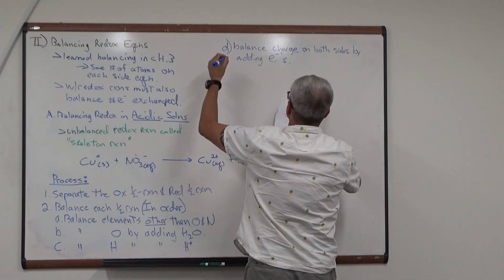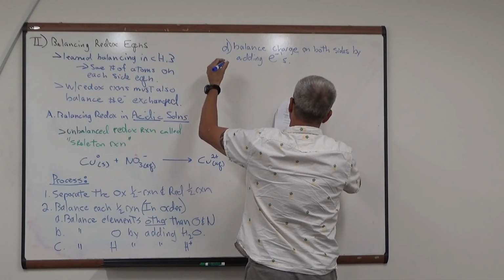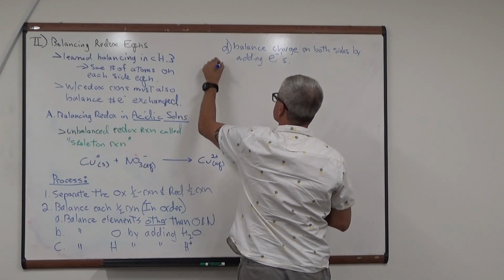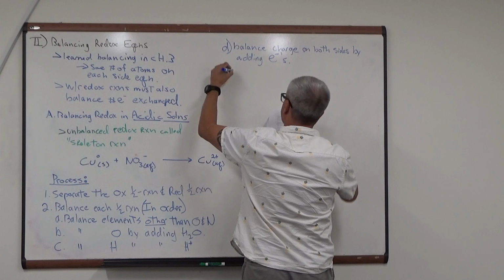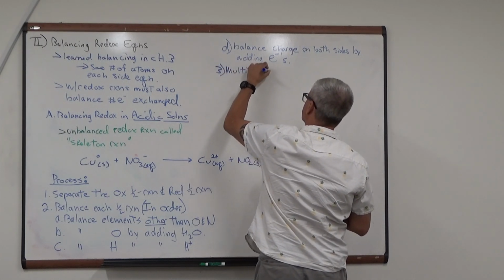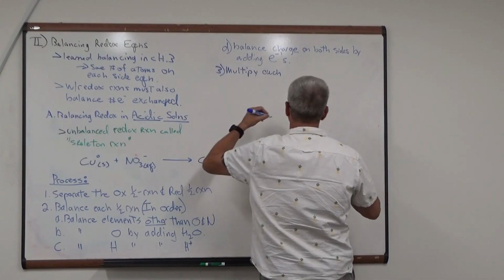And in order to do that, that's going to be step 3. Multiply each half reaction by an integer so that electrons exchanged match. You may have to multiply both of them by an integer.